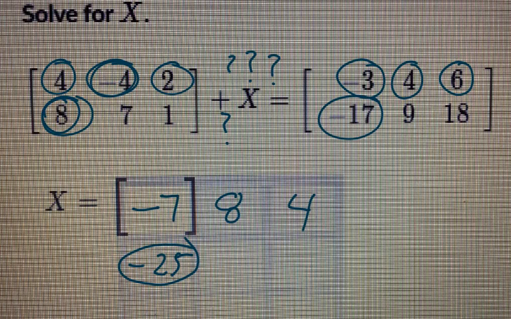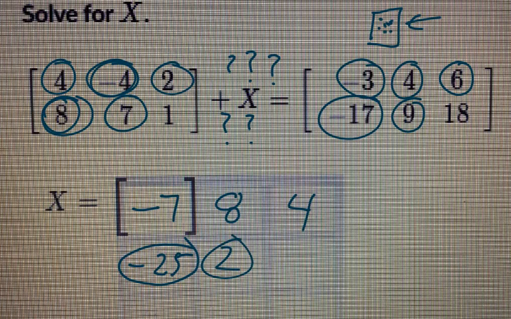By the way, guys, there is the calculator option that's on this screen that's not showing, but it's on the screen that you could use to help you out. 7 plus what in here would be 9? Well, that's simply 2, right? Because 2 plus 7 is 9. And then finally, 1 plus what in here would be 18? That would be 17.